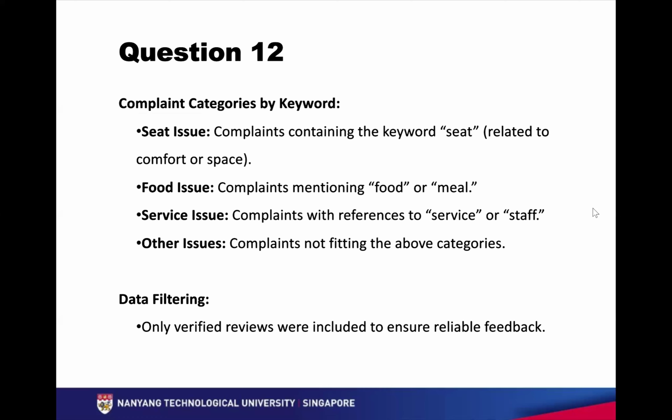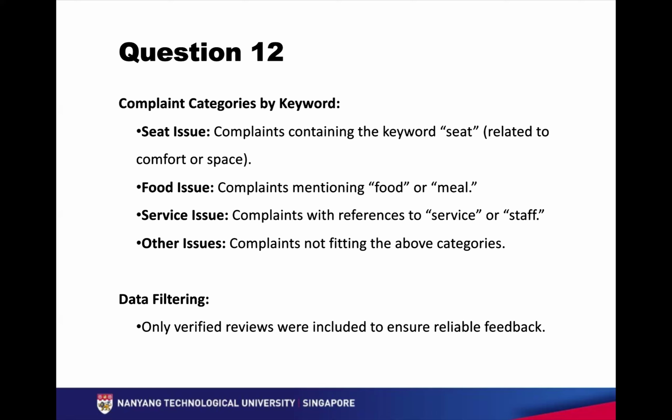Next we analyzed airline review data to categorize complaints using keyword-based filtering. We focused on verified reviews to ensure the data is reliable. We found seat issues, food issues, service issues, and some other issues.